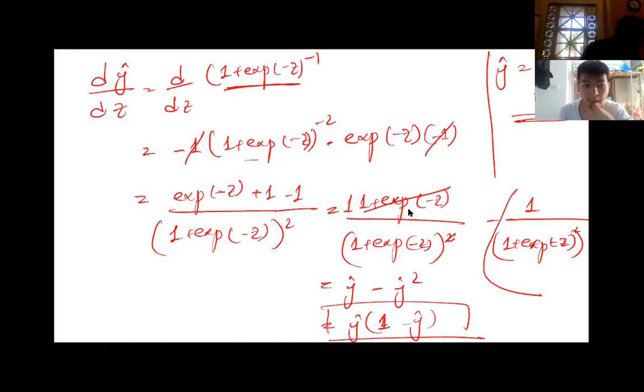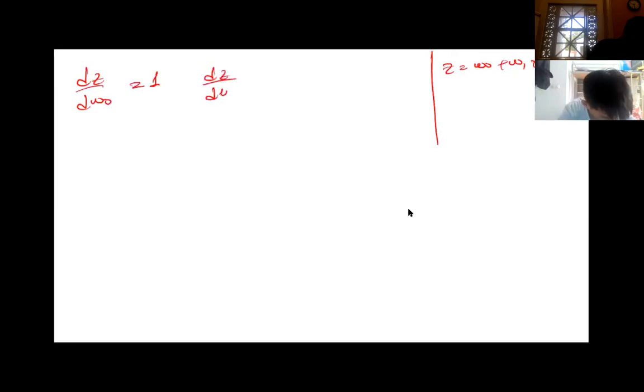And lastly, we need z, which was w0 plus w1x1 plus w2x2. We need the derivative of z with respect to w0, which is 1, the derivative of z with respect to w1, which is x1, and the derivative of z with respect to w2, which is x2.